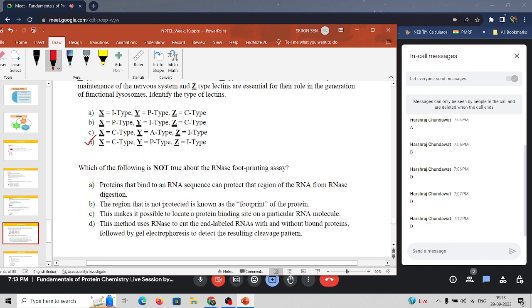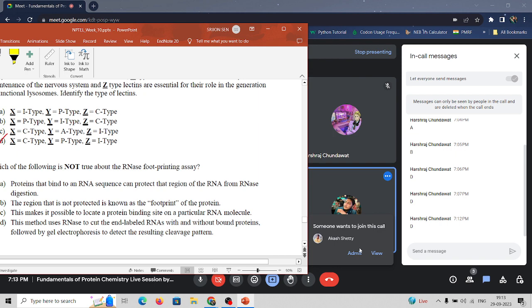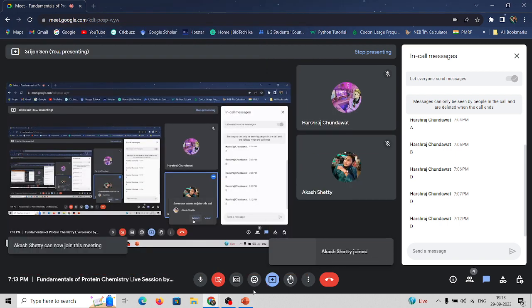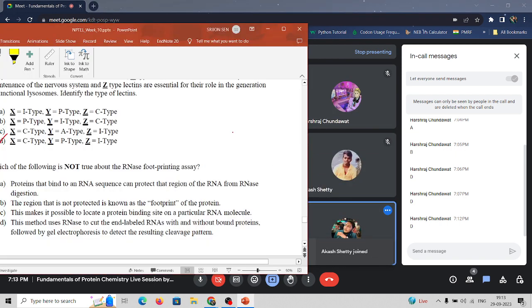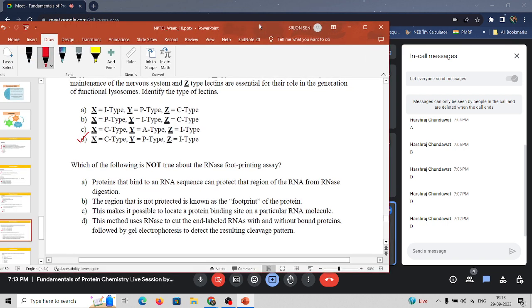Okay, the next one. Which of the following is not true about RNA footprinting assays? Proteins that bind to an RNA sequence can protect the region of the RNA from RNase digestion.